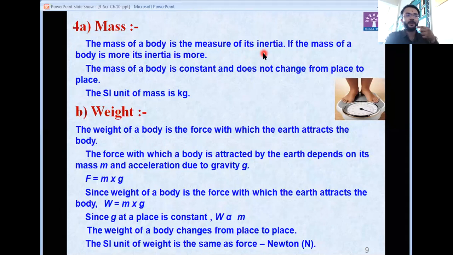And if an object is in motion, then that object will try to continue its motion until an external unbalanced force is applied on it. So according to that concept, the measure of its inertia is mass.